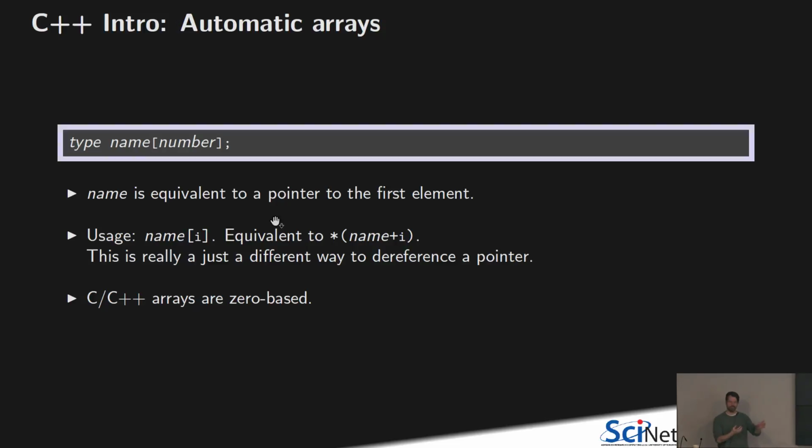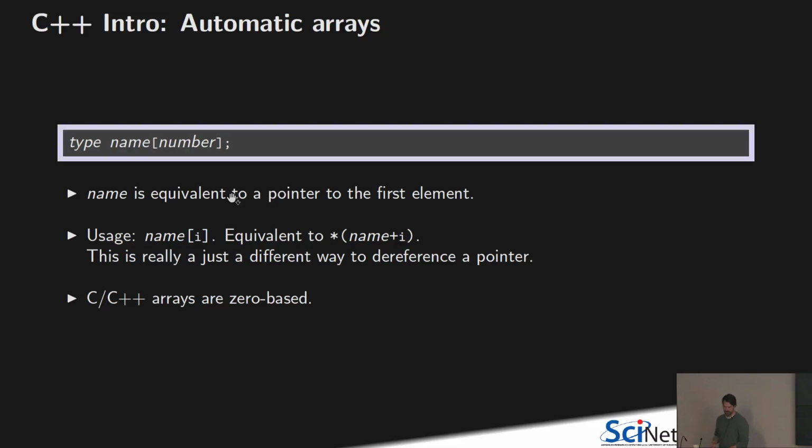There's a notation for that, using so-called automatic arrays, where you define a variable name of a type, but rather than just having that variable, you add square brackets and a number, which is how many of that type you want. If you want the first element, you say the name of the array and then, between square brackets, 0. So the first element is 0.